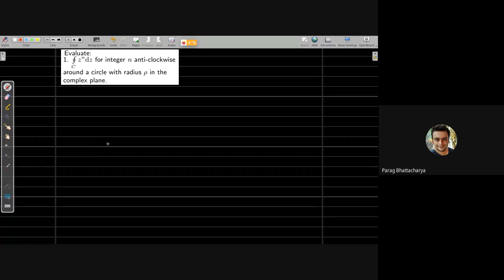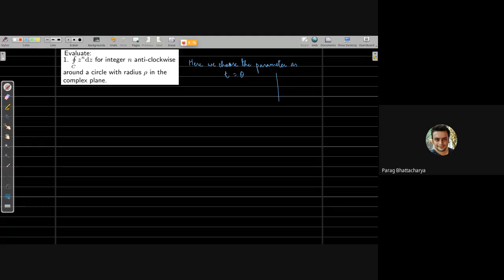So how do we go about solving this? Here we choose the parameter as t, we choose it as theta, and theta you already know is the angle.